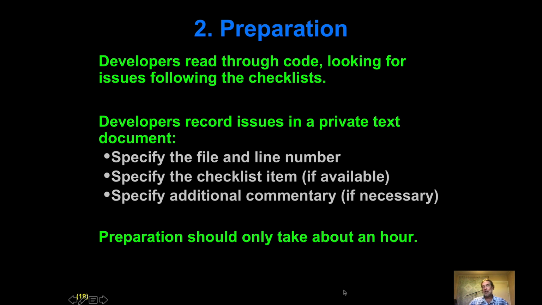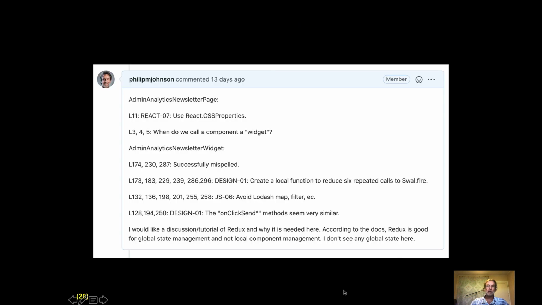That way, it's good in terms of helping folks to not be biased by what other people are producing. So you specify the file and the line number, whatever the checklist item that was violated, if there was a checklist item, or any other issues that you find, and hopefully if the review was packaged, the files were small enough that it should only be about an hour's of work.